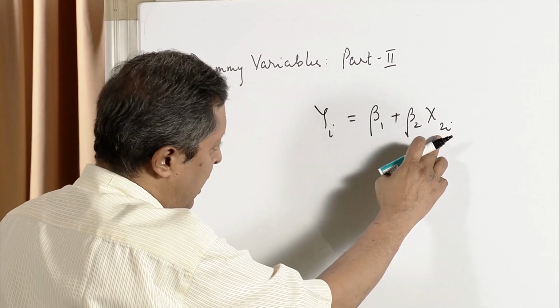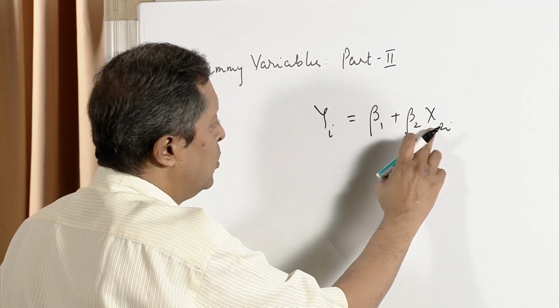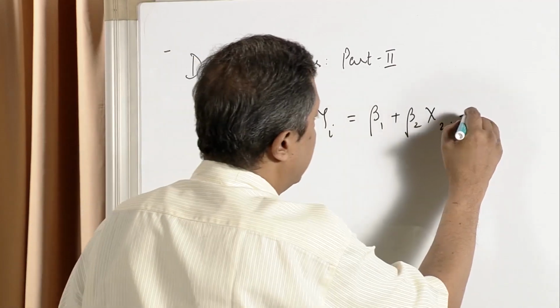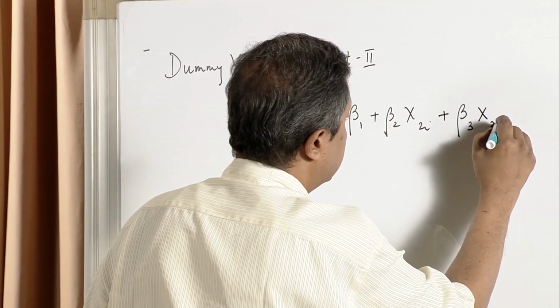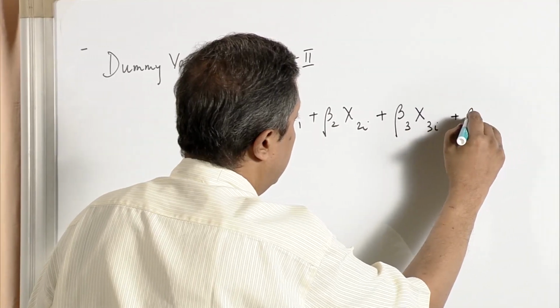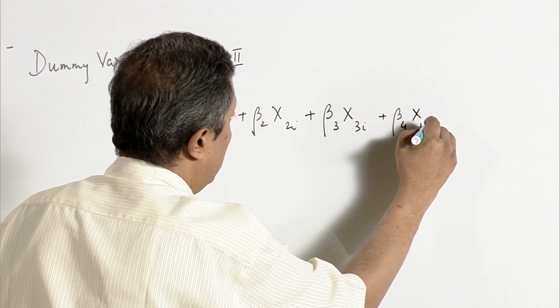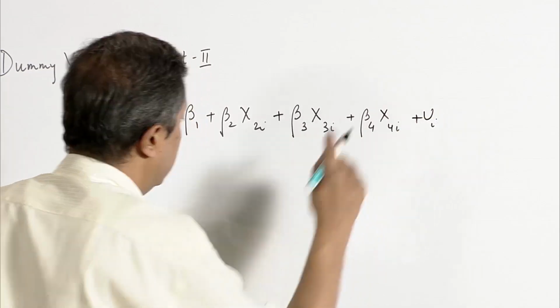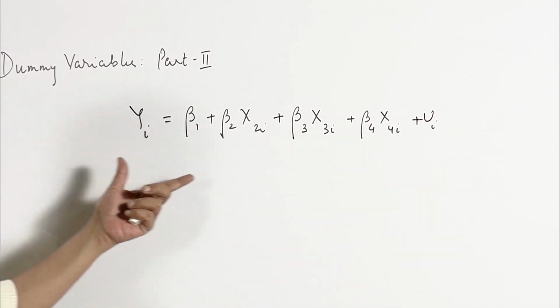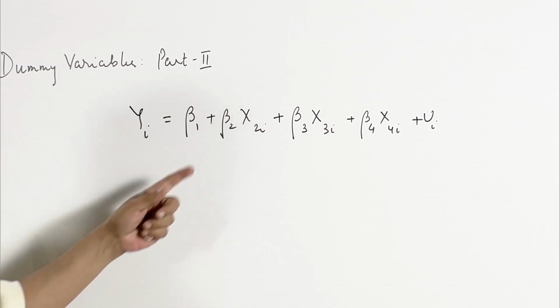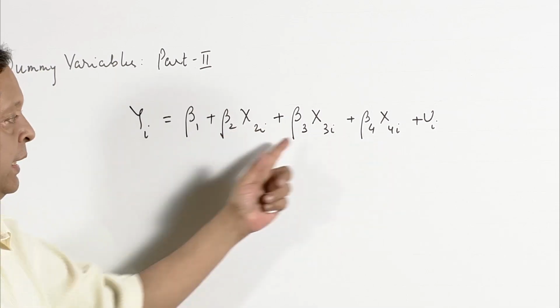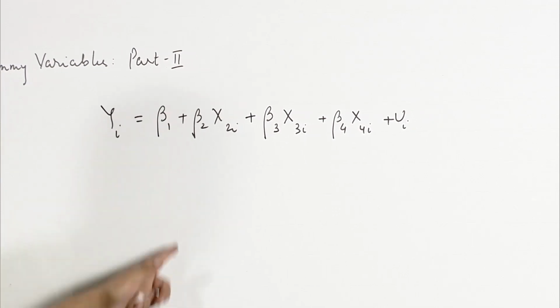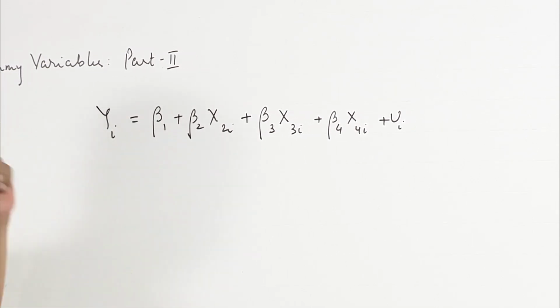You could have written x i also. So, this is a multiple linear regression model with x 2, x 3, x 4, three quantitative variables and x 1 implicit in the intercept. So, this x 1 is always 1.